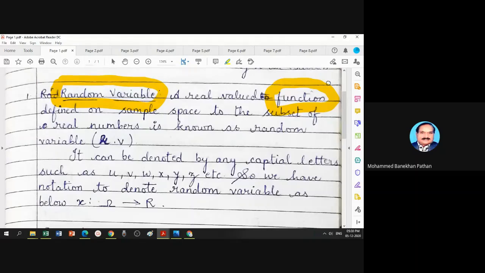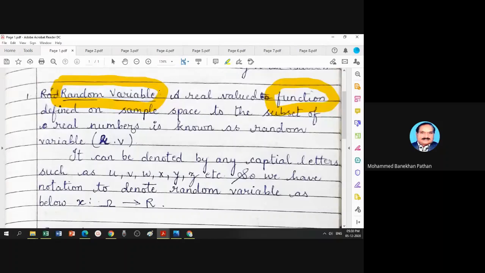In place of capital A, if you write omega, that will be the domain for a random variable. After defining a relation on the domain sample space, you get another set B. And what is B here? B is a subset of real numbers.